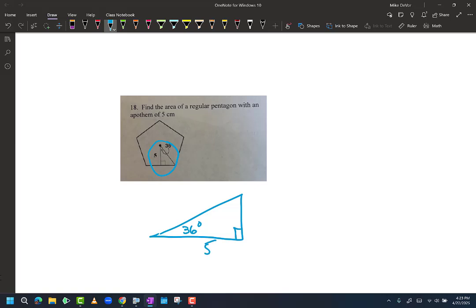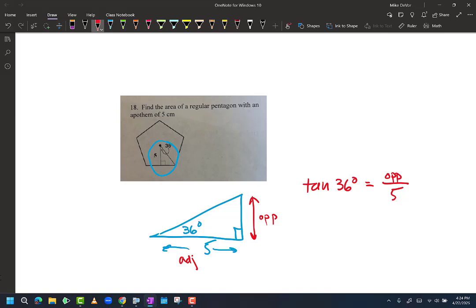We already have the height of this, so we just need to know this opposite side here. That's going to be the tangent of 36 degrees, because it's just triangle trig: opposite over adjacent. The opposite is what we want, over our adjacent, which we know is 5.